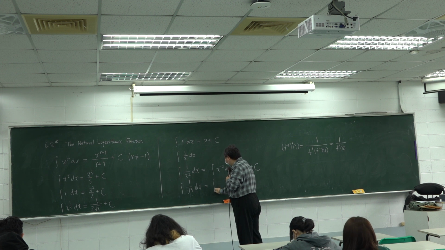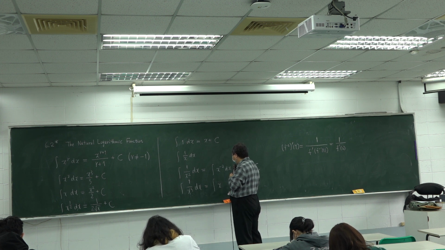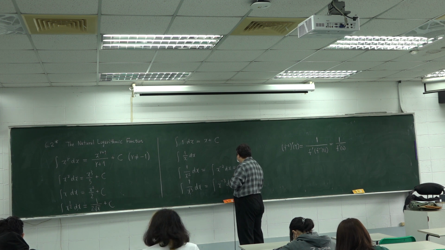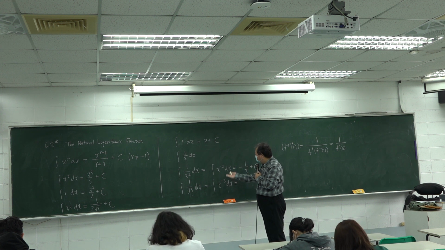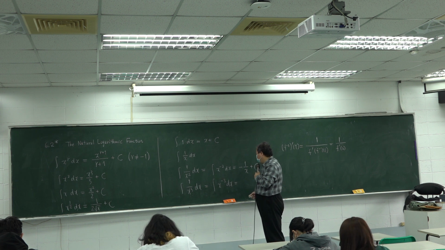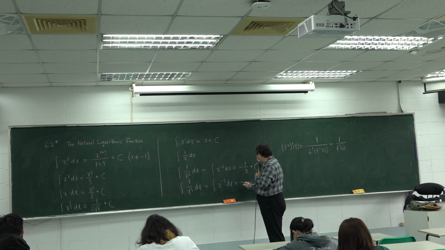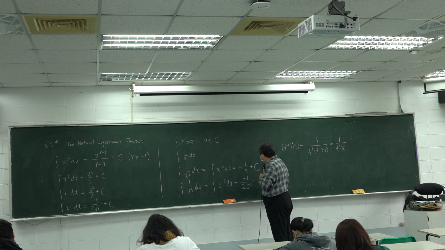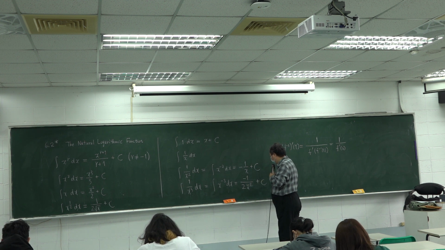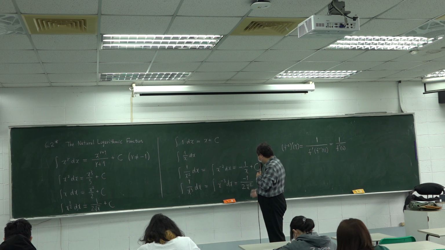And then this one is x raised to the minus third. Again, I use the power rule. Increase this exponent by 1. So minus 2 and minus 2 are cancelled.